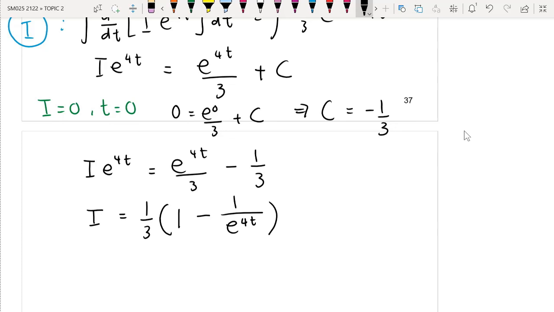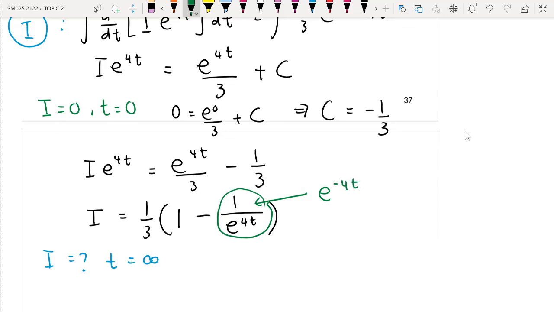So last part of the question, they ask what happened to the current. So what happened to i after a long period of time? So that means when our time is infinity. So remember here, for the last part, this can be rewritten as e to the power of negative 4t.